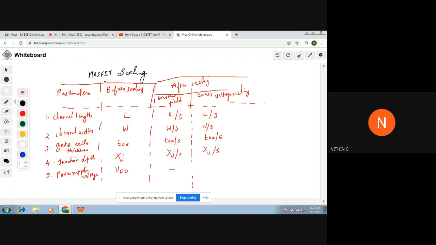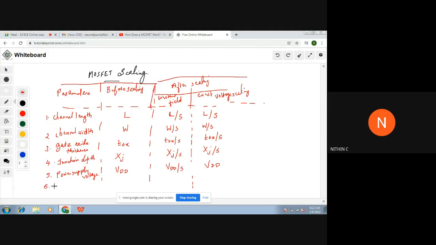It will be VDD by S. In constant voltage scaling, it will be VDD itself. Yes, very good, there will not be any change. In constant field scaling, in order to make the field constant, the voltage also has to be scaled down by the factor S. In constant voltage scaling, the voltage will remain constant.